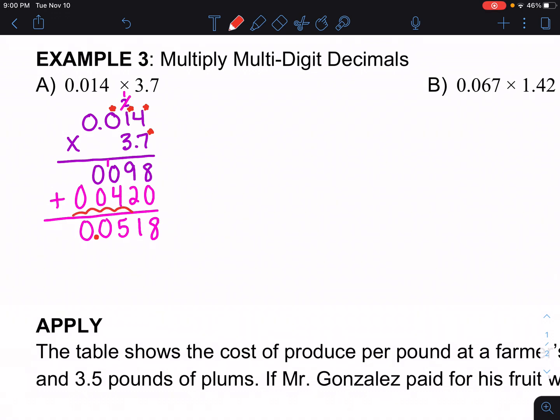So my answer is 0.0518. Okay, 0.0518. So we do not have to line up the decimal. And you are going to count up the decimal places at the end.